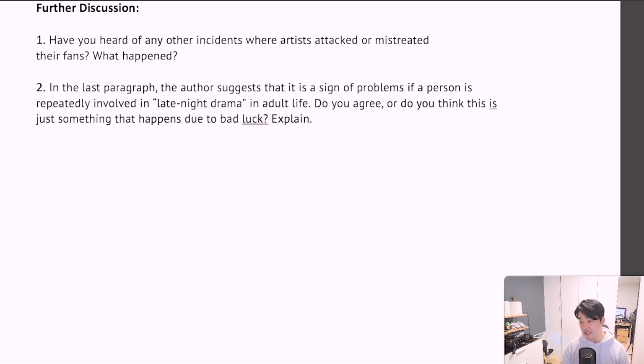Explain. 마지막 단락에서 저자는 성인 생활에서 반복적으로 늦은 밤에 드라마에 연루되는 것이 문제의 징후라고 제시합니다. 이에 동의하시나요? 아니면 이것이 단지 불운으로 발생하는 일이라고 생각하시나요?